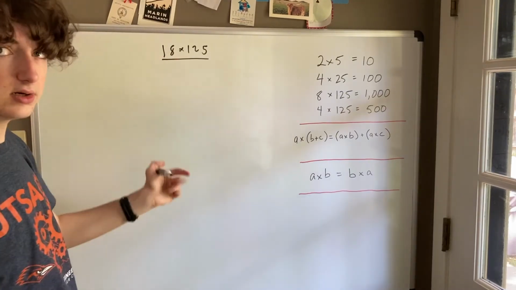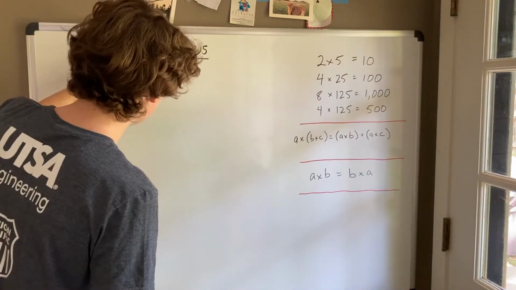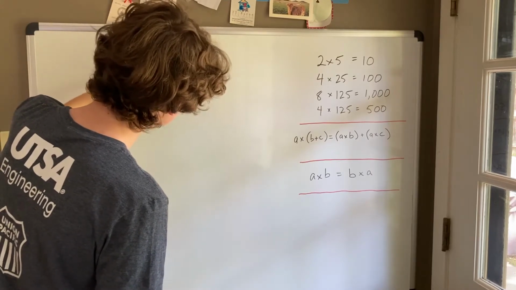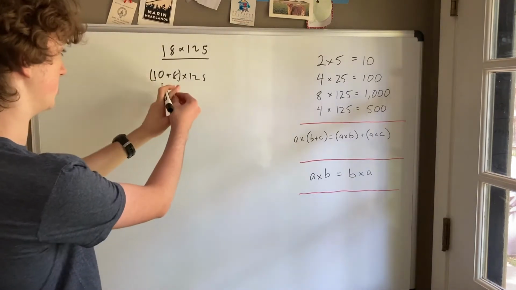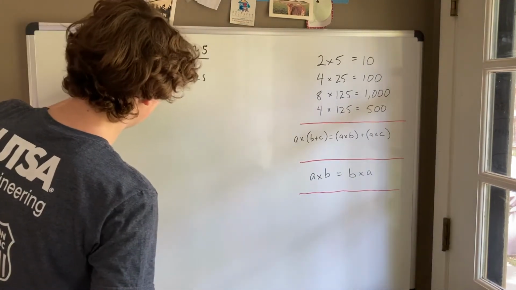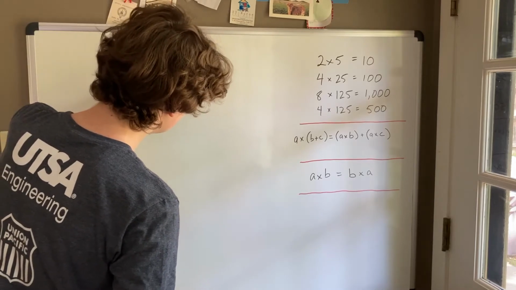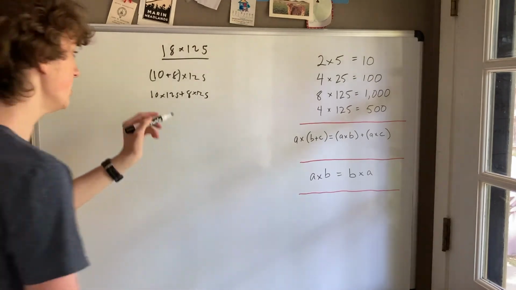So we have an 18 here. You can get an 8 out of an 18: 10 plus 8 times 125 is still the same as this problem, which means that we can distribute this out to 10 times 125 plus 8 times 125, and boom, we have 8 times 125.